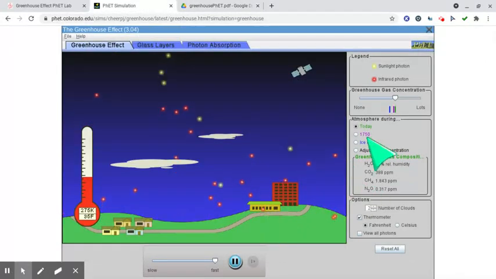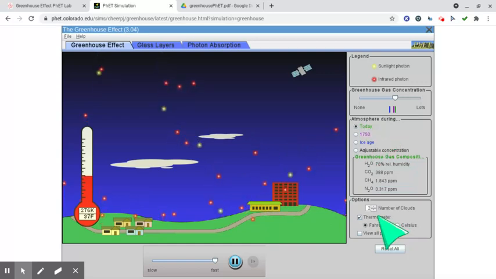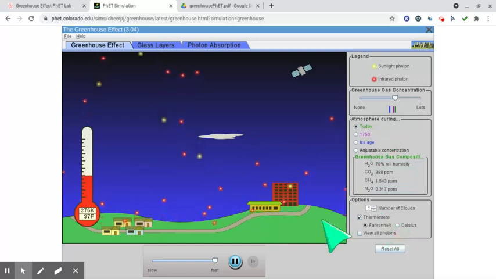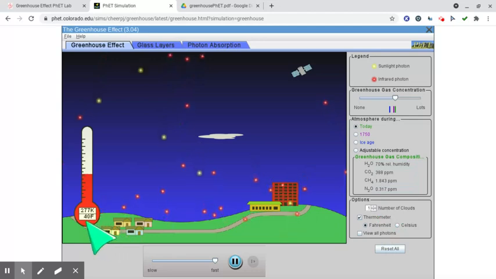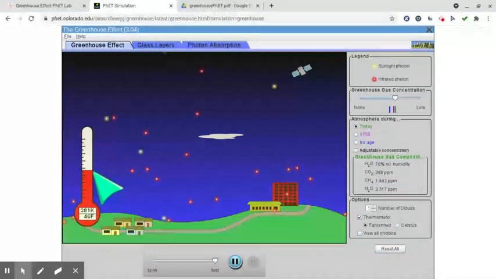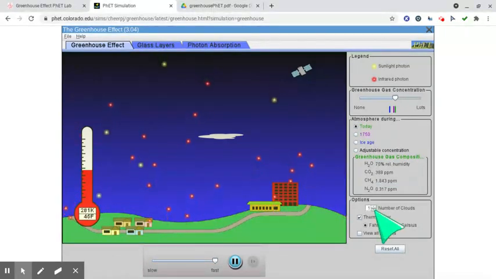We can see today, we're already on today in the atmosphere. We have some clouds we can take away if we would like. And that equilibrium temperature is kind of staying right at 42, 43. Kind of creeping up a little.